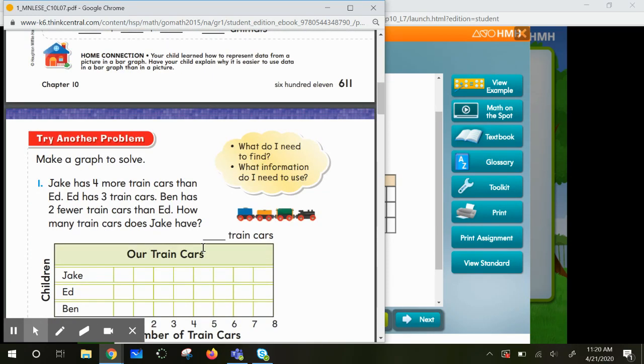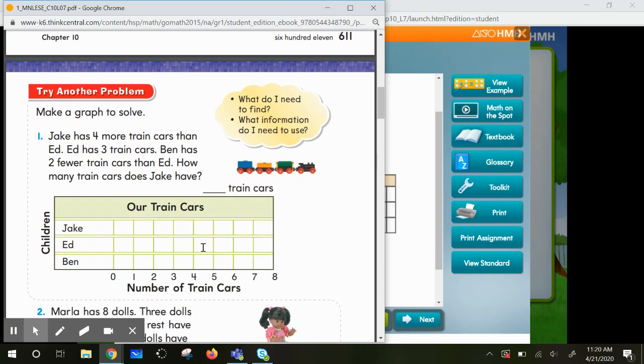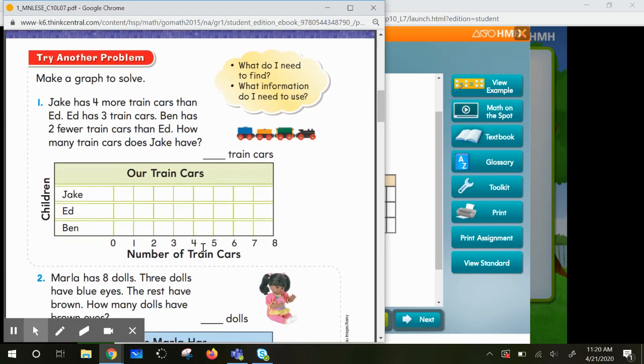Next page, 612. Try another problem. Make a graph to solve. Number 1 says, Jake has 4 more train cars than Ed. Ed has 3 train cars. Ben has 2 fewer train cars than Ed. How many train cars does Jake have?